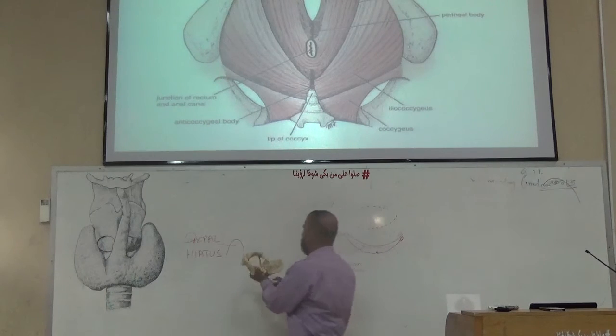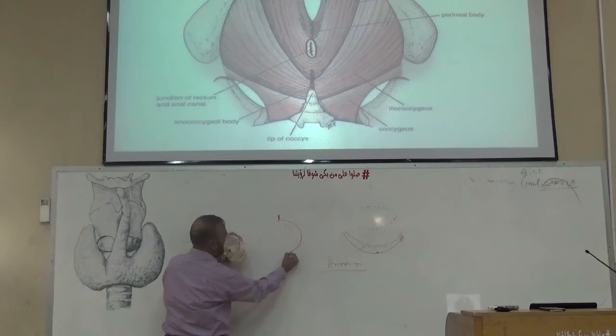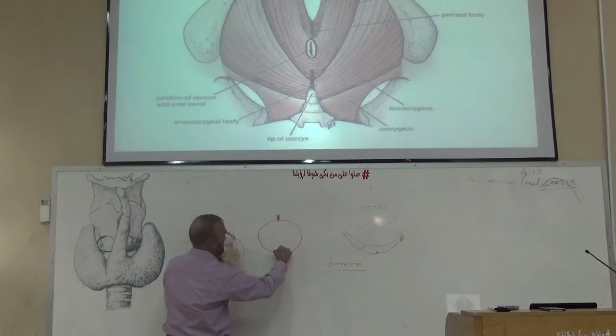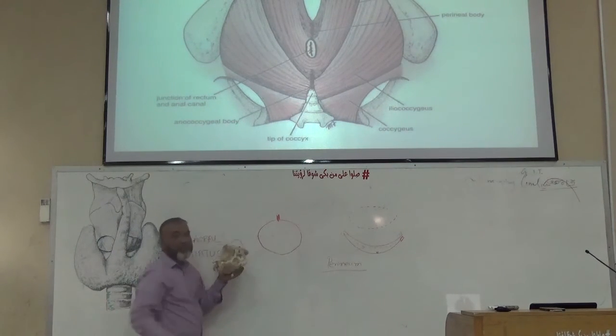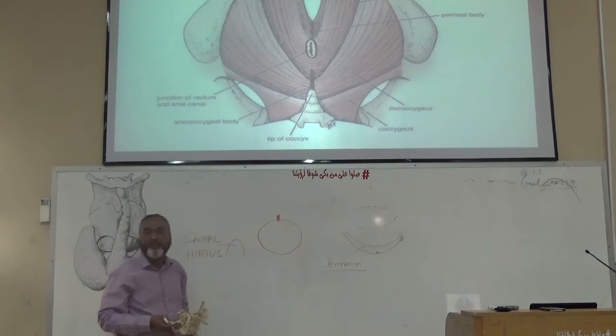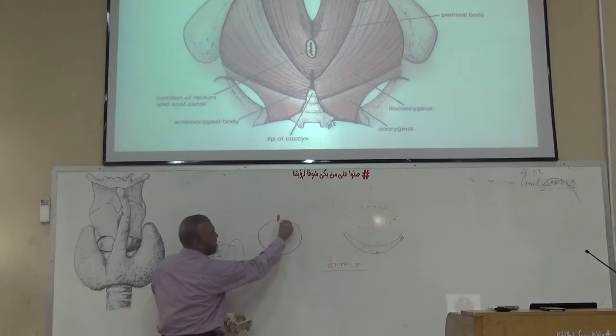If you take this diagram like this, how many parts are there of the levator ani muscle? First of all, the anterior fibers, which come from the posterior aspect of the pubic bone of both sides, like this.